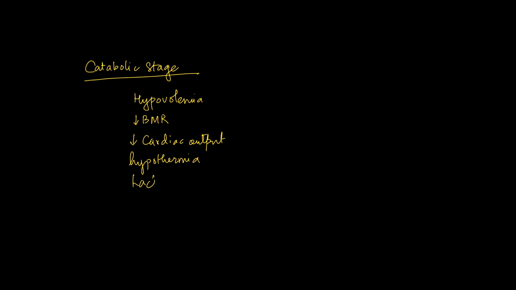Following injury, there is a state of hypovolemia, could be shock, reduced basal metabolic rate, reduced cardiac output, hypothermia, and lactic acidosis. Now, the entire aim of this stage is to conserve the circulating volume and the energy stores for future recovery.